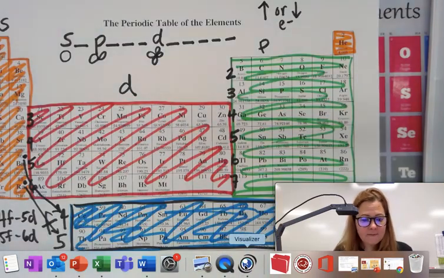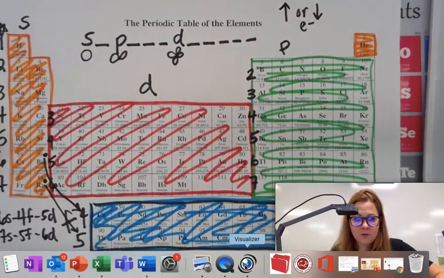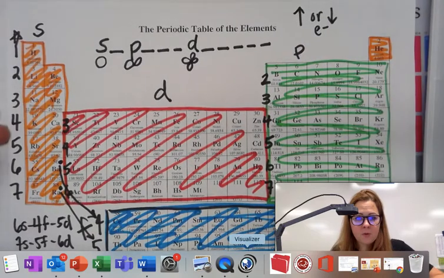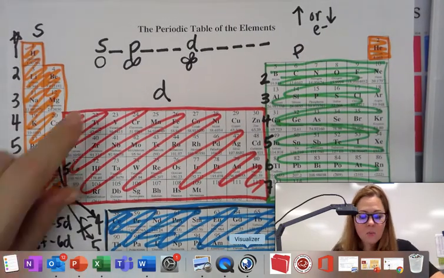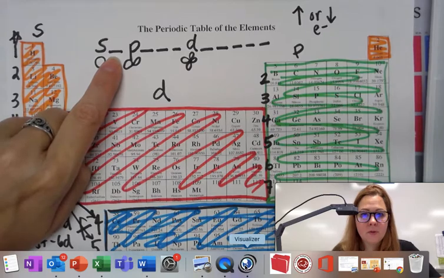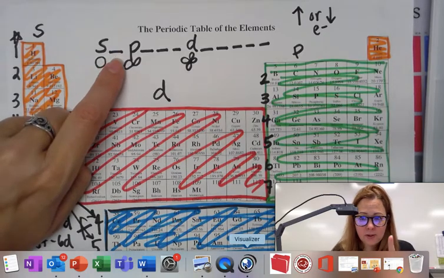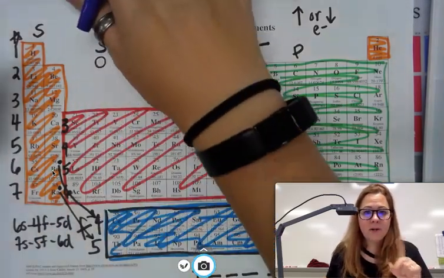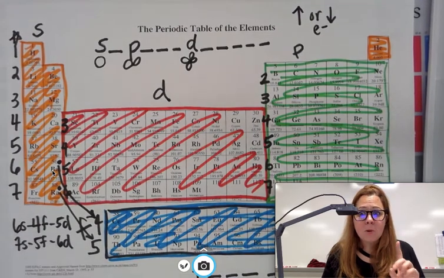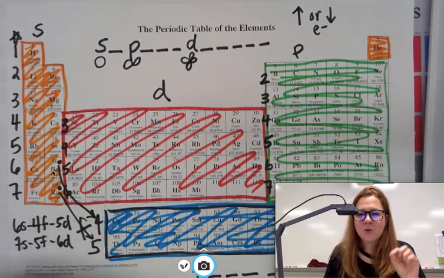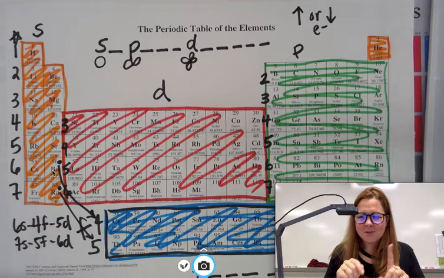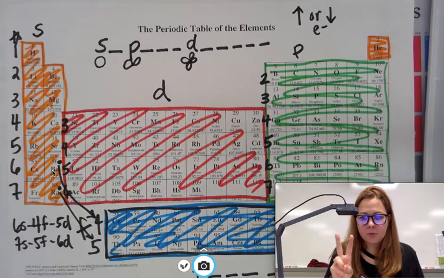Here I have the periodic table that we colored with the orbital diagrams. We said that each orbital holds 2 electrons spinning in 2 different directions, so that one line, 1 orbital, holds 2.